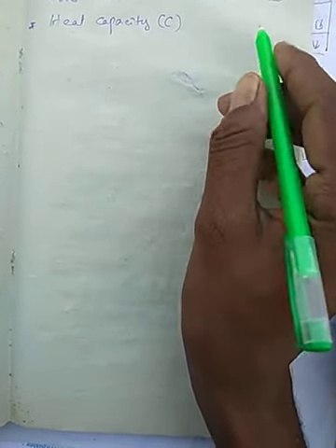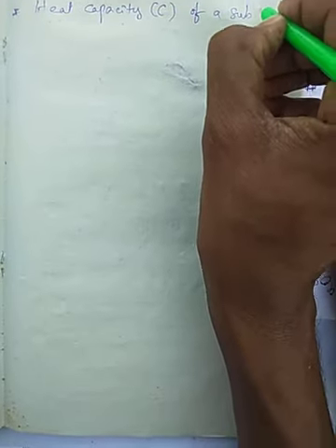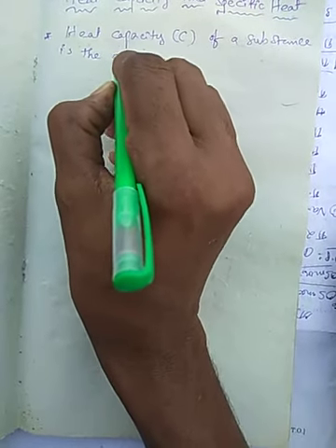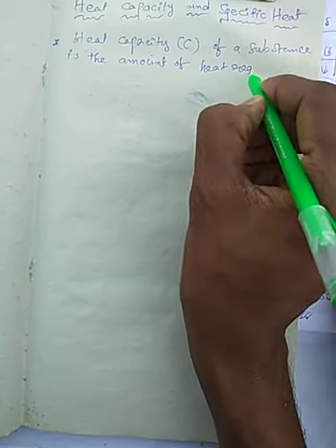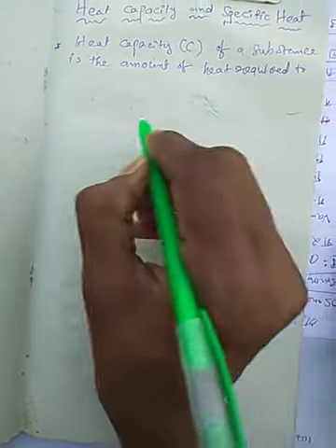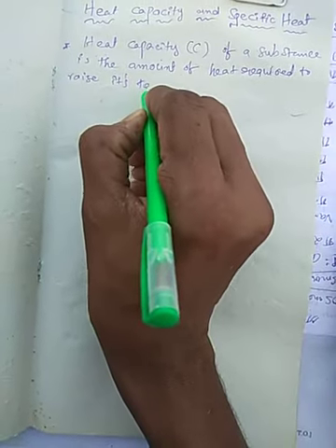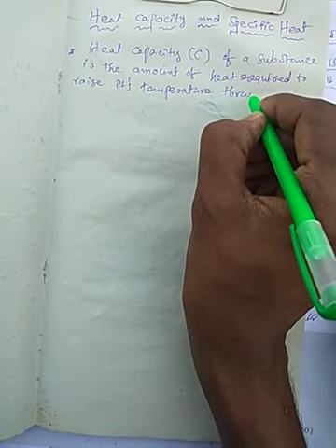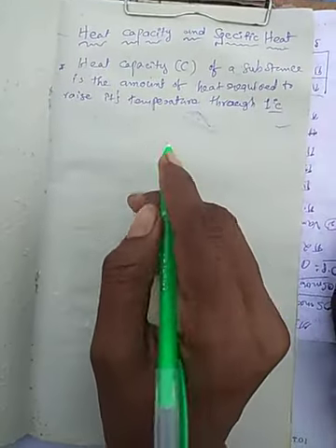Now in this case, the heat capacity of a substance is the amount of heat required to raise its temperature through 1 degree is called heat capacity.